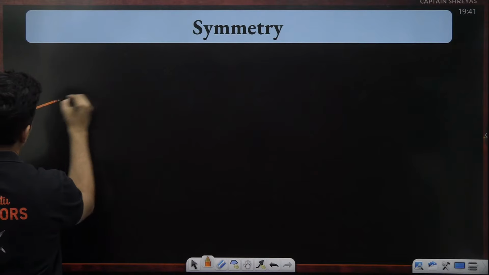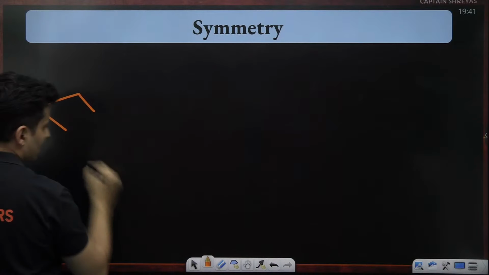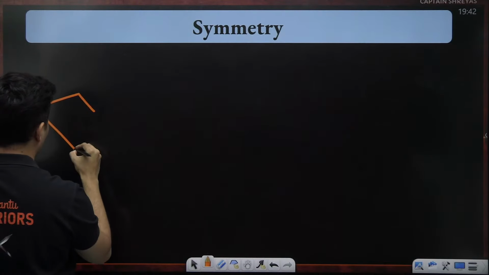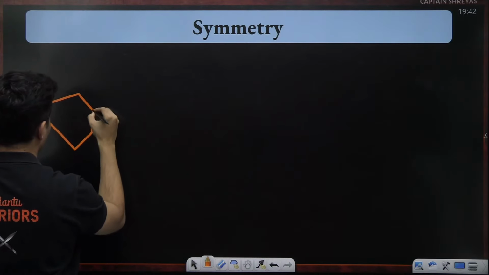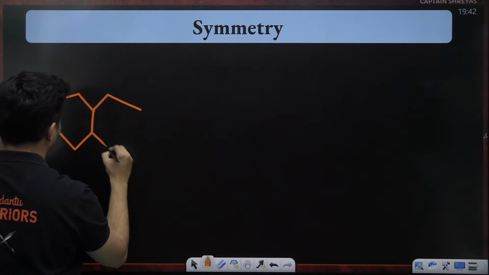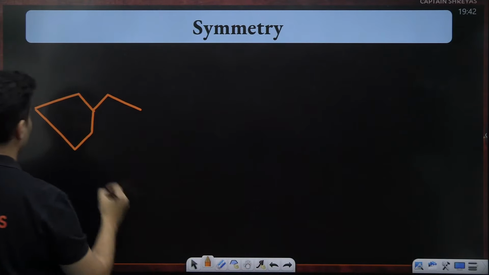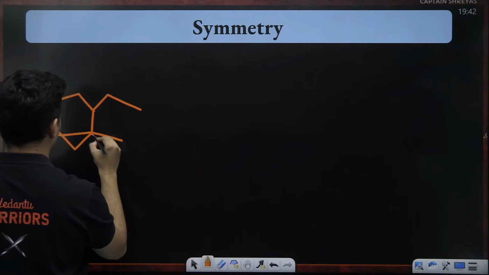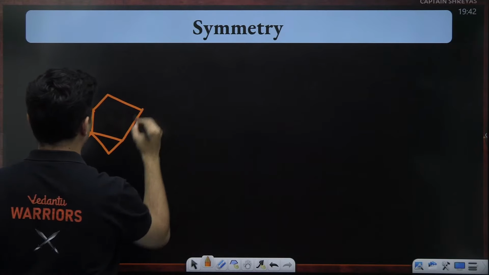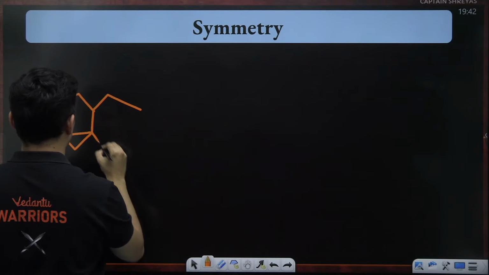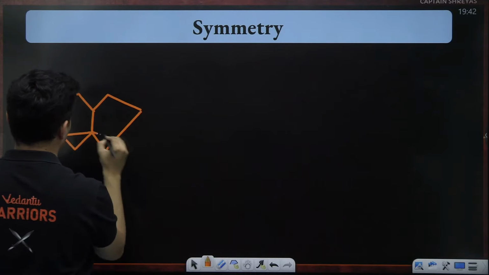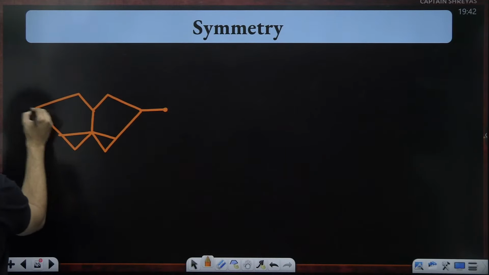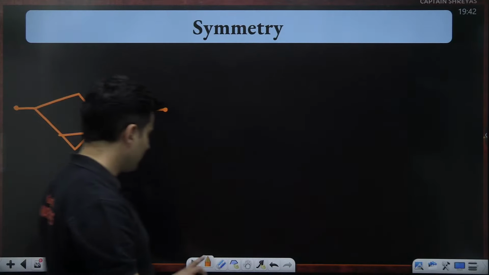You will have some circuit. All these are resistors, for example, and you have to find the equivalent resistance between two points.